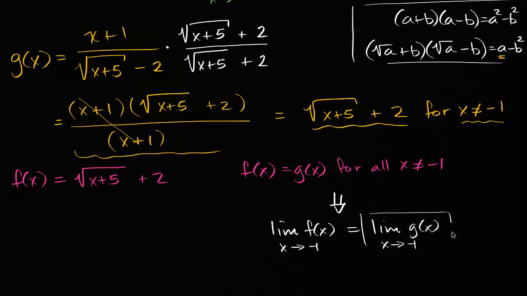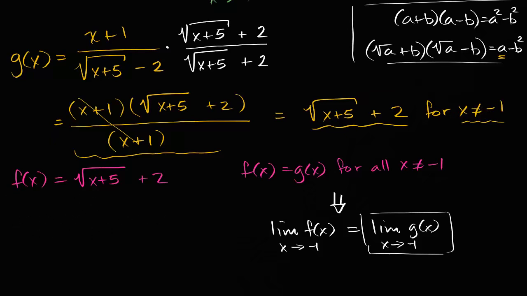And this, of course, is what we want to figure out, what was the beginning of the problem. But we can now use f of x here, because only at x equals negative 1 are they not the same. And if you were to graph g of x, it just has a point discontinuity, or removable discontinuity, or I should just say a point discontinuity right over here at x equals negative 1.